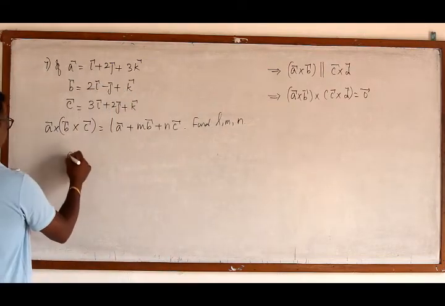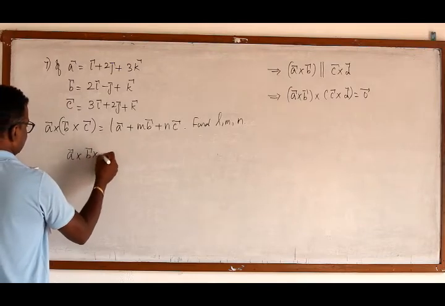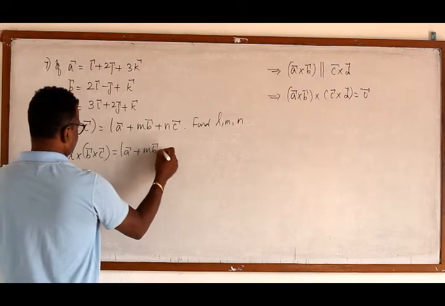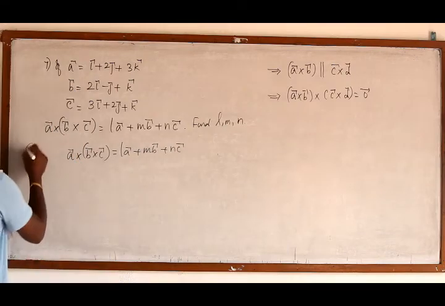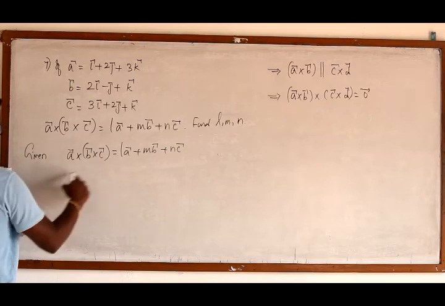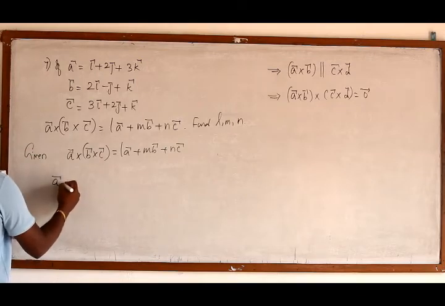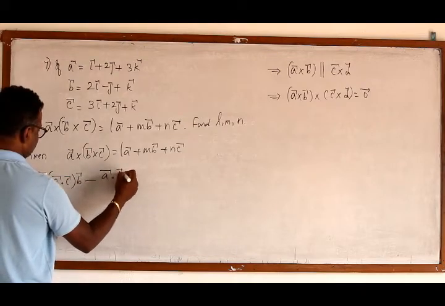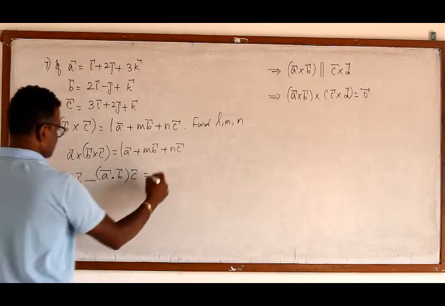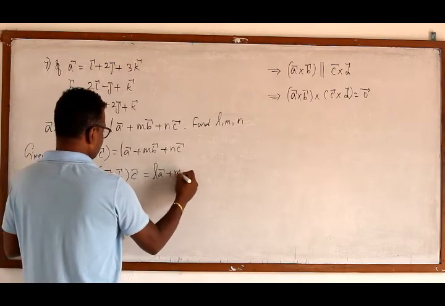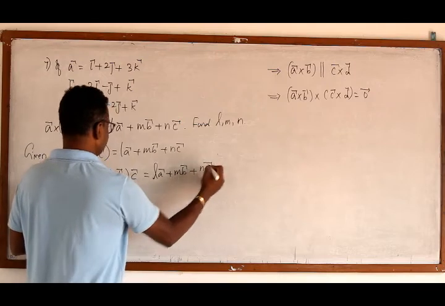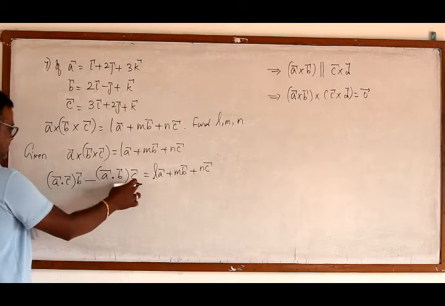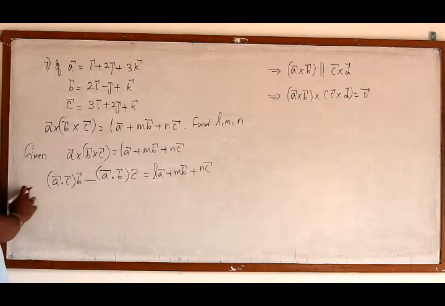Now, what is given? Given A cross (B cross C) equals L vector A plus M vector B plus N vector C. But we know in terms of dot product, A cross (B cross C) is (A dot C) times B minus (A dot B) times C. This is equal to L vector A plus M vector B plus N vector C. That means this is a scalar with B vector, this is a scalar with C vector, and there is no scalar with A vector.